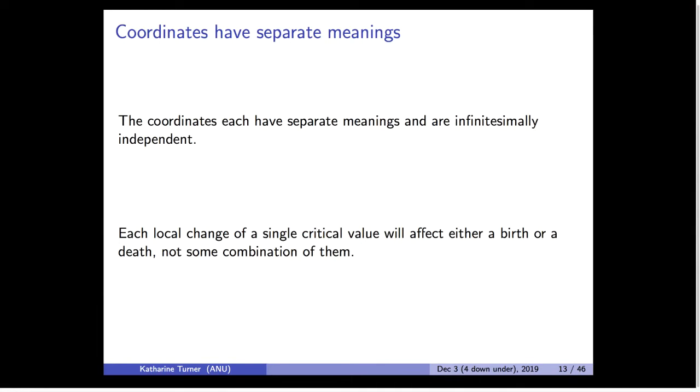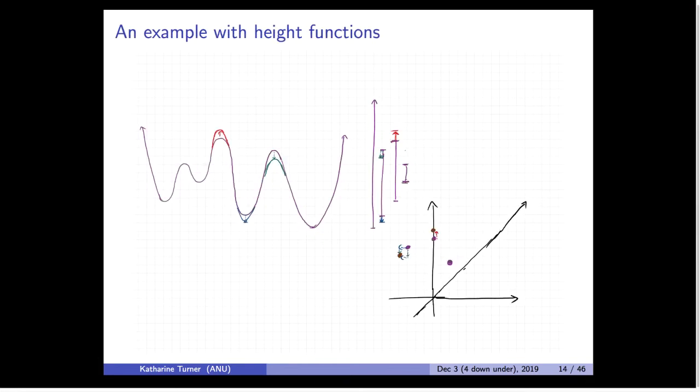So if I have a local change for a single critical value, it will either affect the birth or the death. It won't affect a combination of them. So I'm going to be changing either the birth coordinate or the death coordinate. This is quite different to looking at points in the plane generally. So this is an important thing to think about, whether we want to be able to split up those births and those deaths.